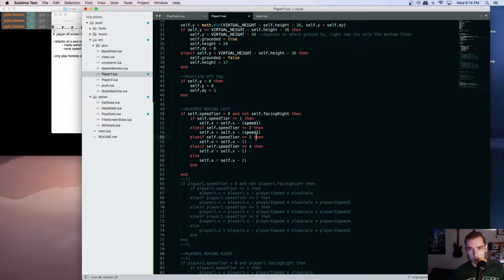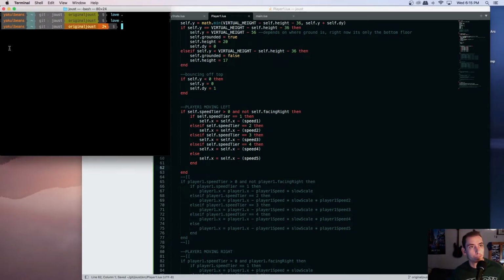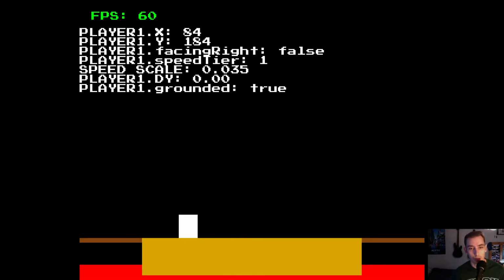This gets speed 2. Other ostrich objects might need these same speeds, and now since they're variables, I don't have to go digging for the magic numbers, but I can just plug that in. I can't believe that loaded actually. So that's speed 1, speed 2, speed 3, speed 4, speed 5.